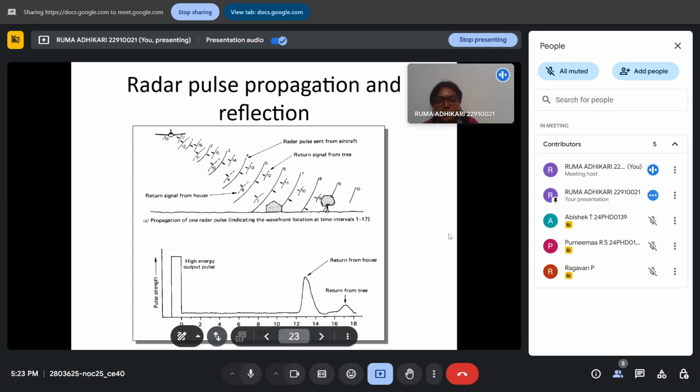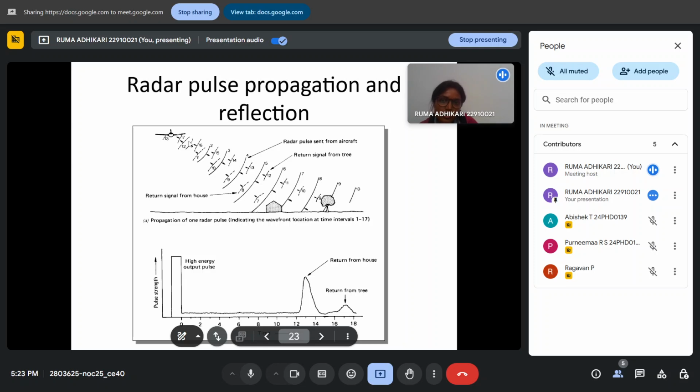Now this image is very important to understand how the wave actually interacts or hits. Suppose these are different targets, this is the sensor, and this is the aircraft moving. It sends these solid lines.